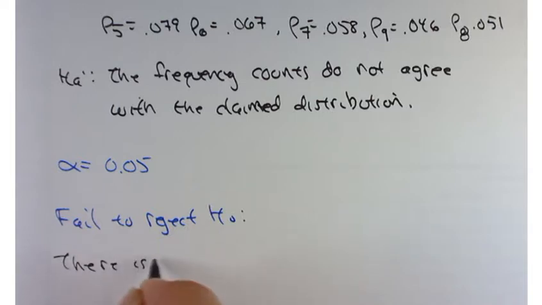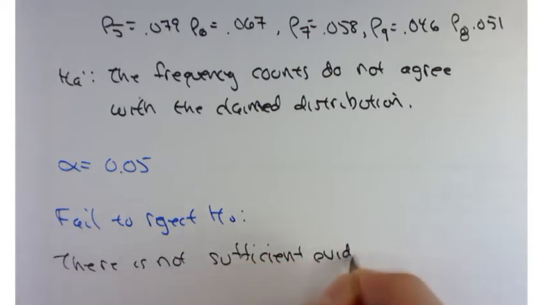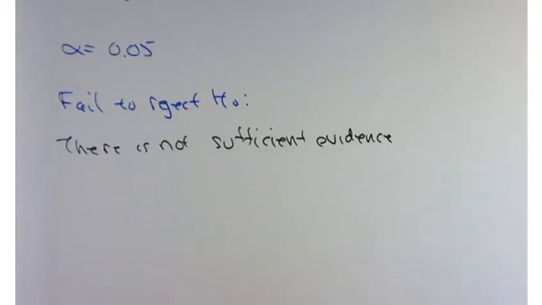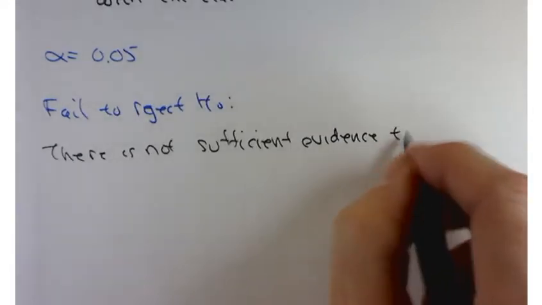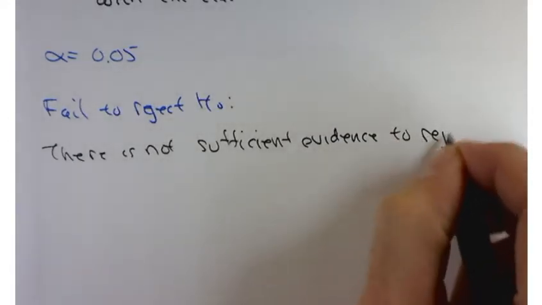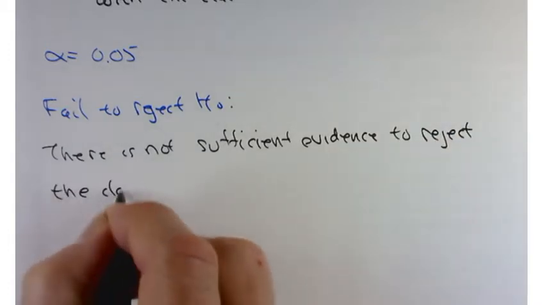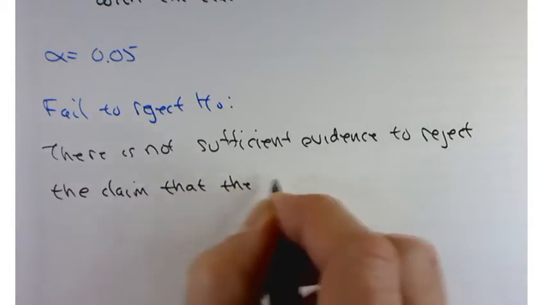There is not sufficient evidence that your fictitious data was made up. Oh. All right, let's state it a little differently. There's not sufficient evidence to reject the claim that the data follow Benford's law.